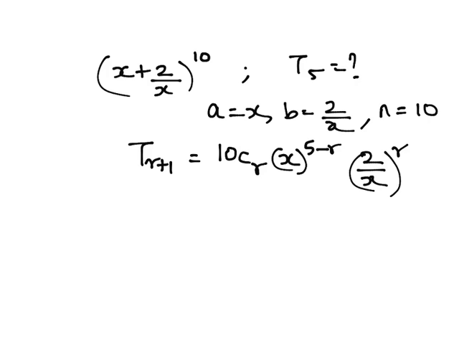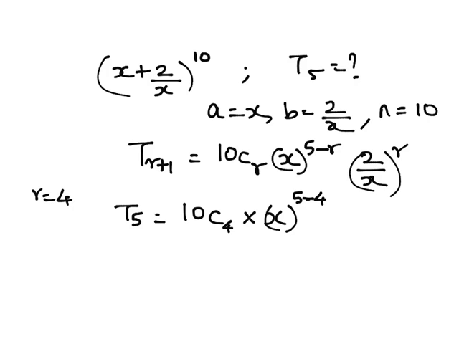So I need to find T5, so I'll write r equal to 4. So I'll get T5 equal to 10C4 multiplied with x power 10 minus 4 into (2 by x) power 4.